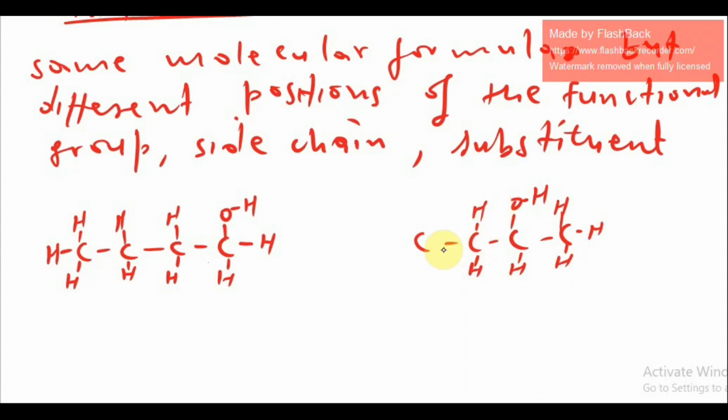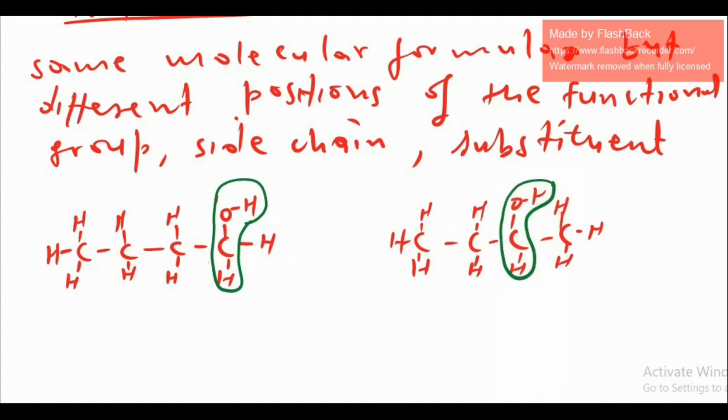Now, if we look at these alcohols, we have the functional group, which is this one. The functional group is in the first carbon. First, that is the position. But the functional group here is in the second carbon. So the position is not the same.